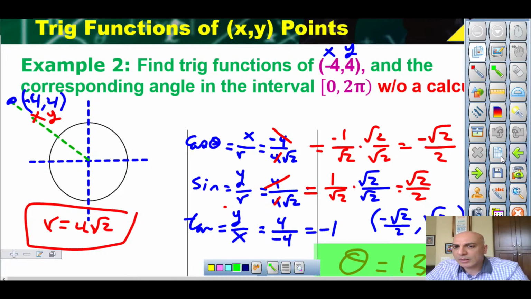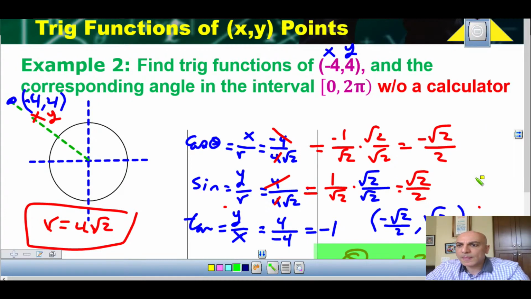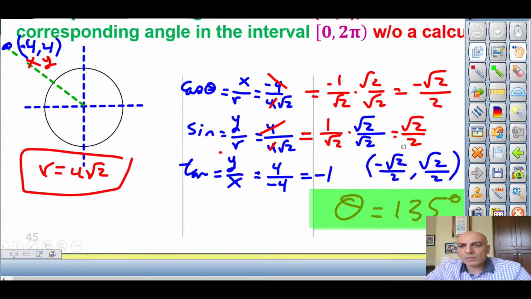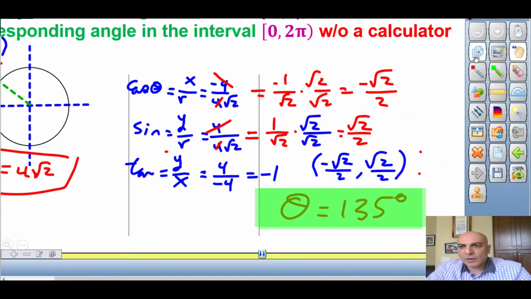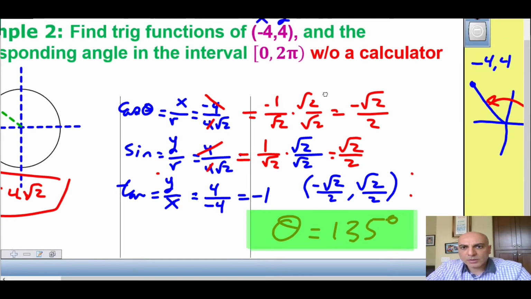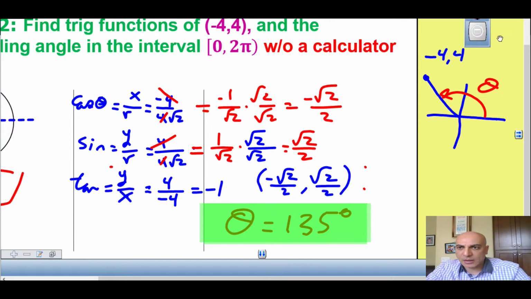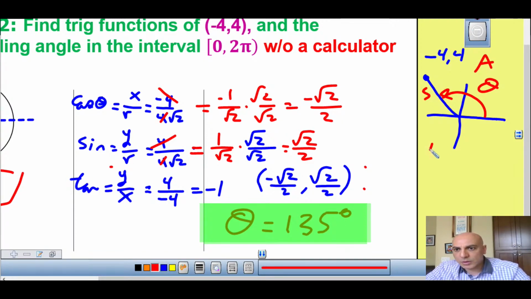If you are paying a little bit close attention, you'll find out that 135, because of the point here, -4, 4, you could end up with a negative cosine and a positive sine. If you guys remember, all students take calculus, right?